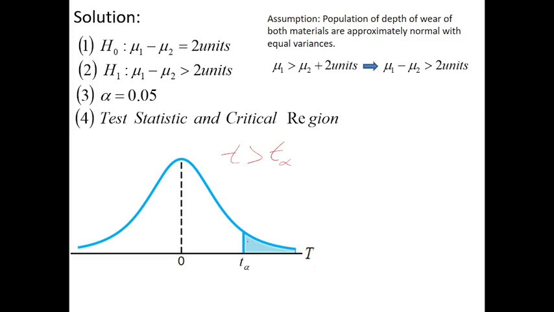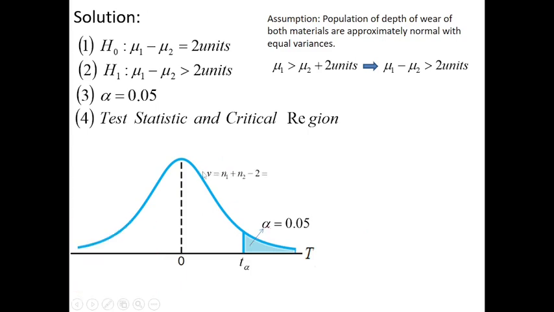In this case, this is the probability that the random variable t is greater than t sub alpha, which is equal to alpha. So we proceed.